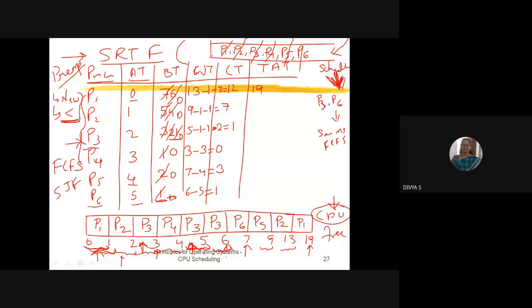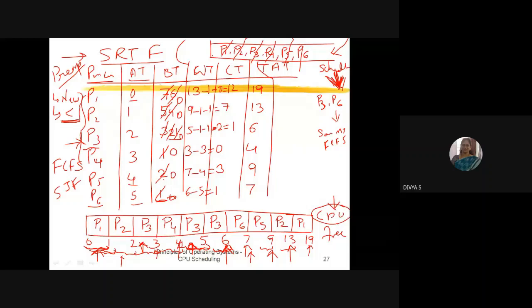Next, P2 process, 13. P3 process, 6. P4 process, 4. P5 process, 9. P6 process, 7. So these are the completion times.